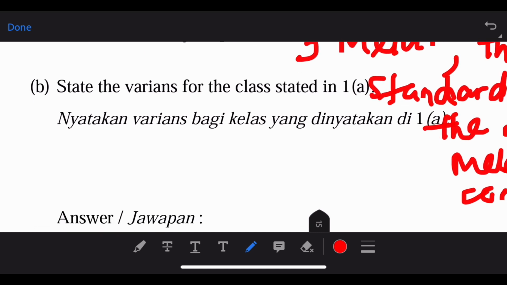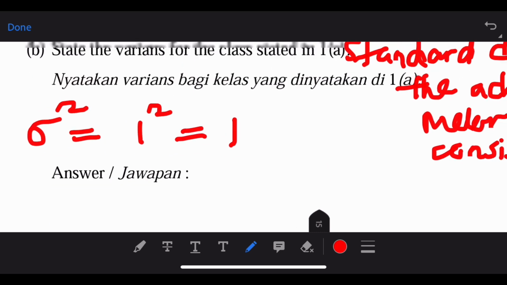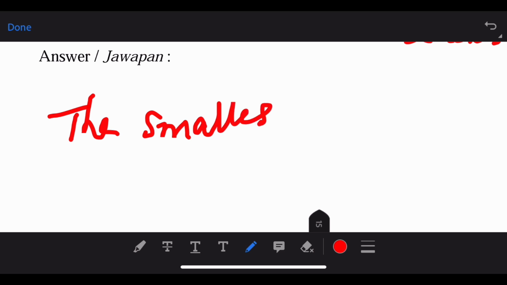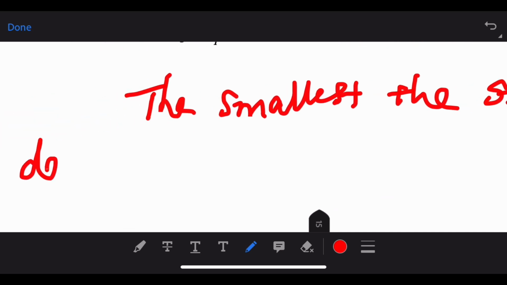Okay, then B, you're asked to state the variance for the class stated in 1A. So the variance is 1, right? Because the variance is actually the standard deviation squared. So again, I highlight to you, please remember this: the smallest, the standard deviation, and please continue the sentence.